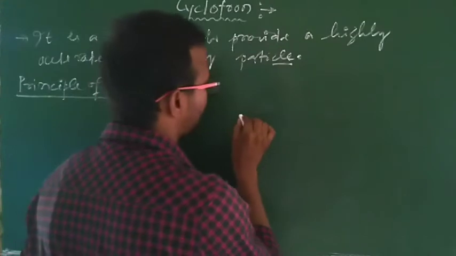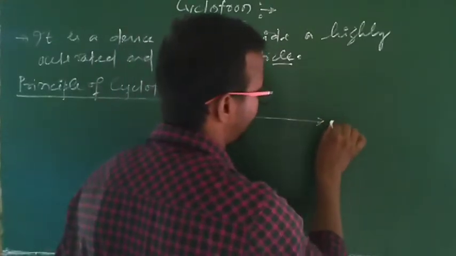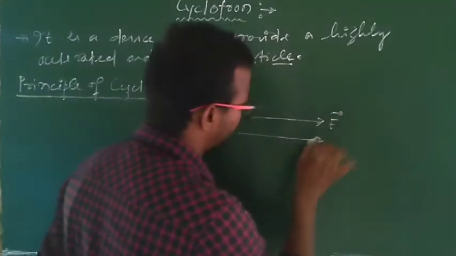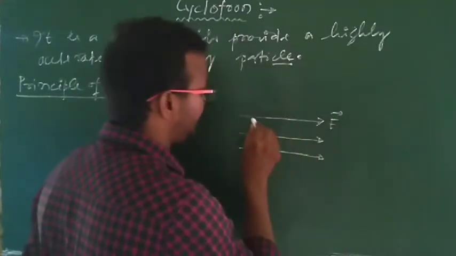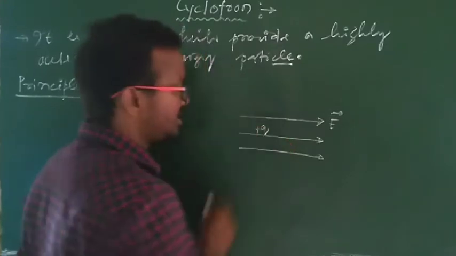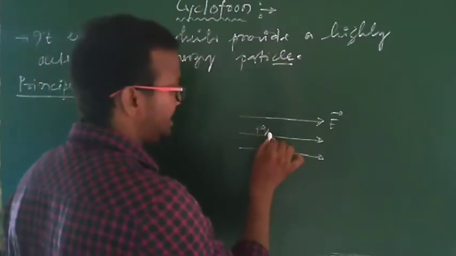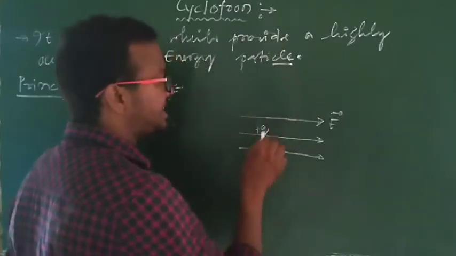Suppose we have a charged particle and an electric field. This is the direction of the electric field, and suppose we have a charged particle plus Q which is at rest. We know if we place a charged particle inside an electric field, then it experiences a force.